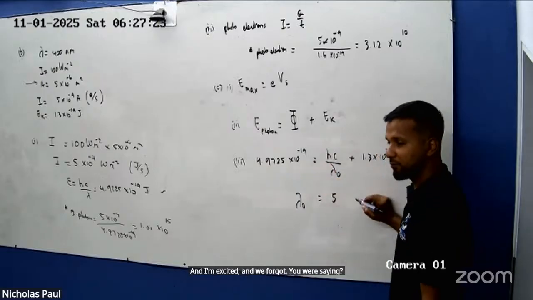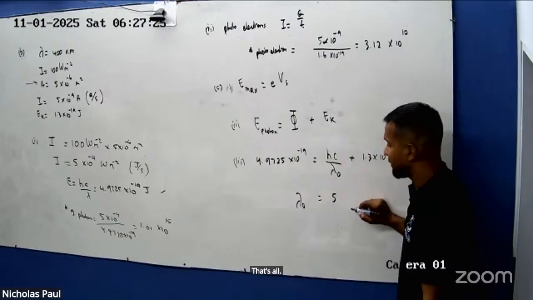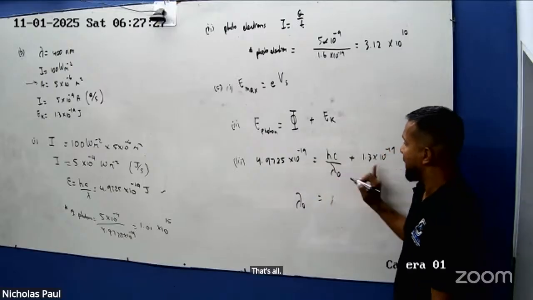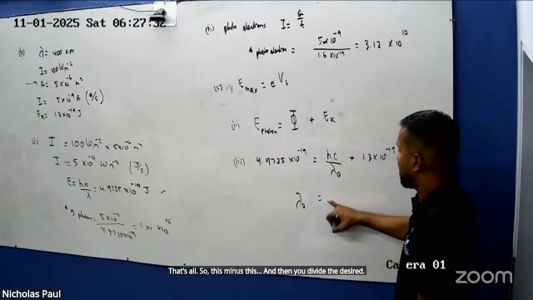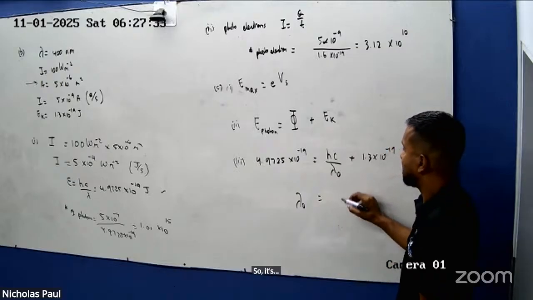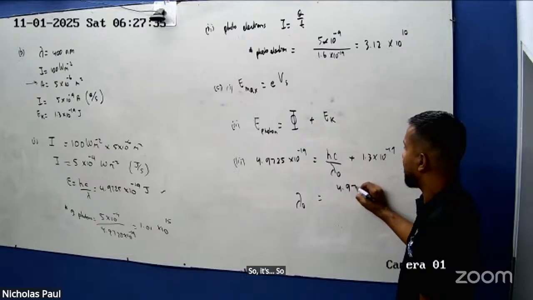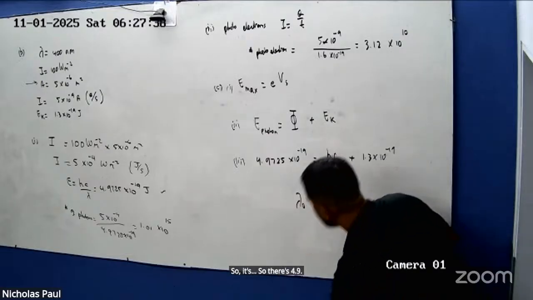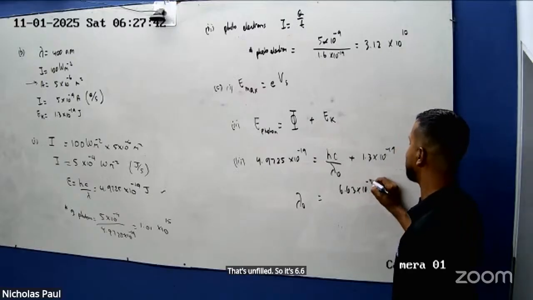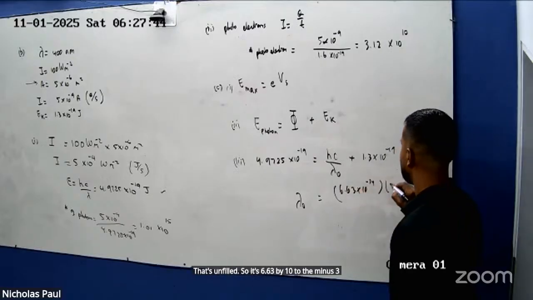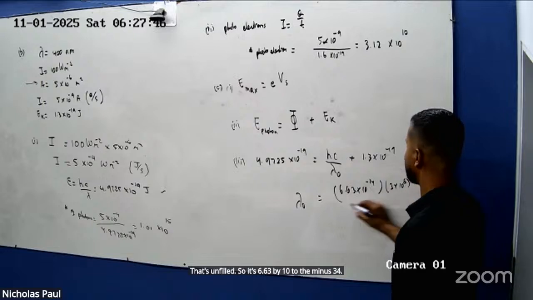See this? So it's this minus this, and then you divide this by it. So it's 6.63 by 10 to the minus 34, 3 by 10 to the 8 all over.